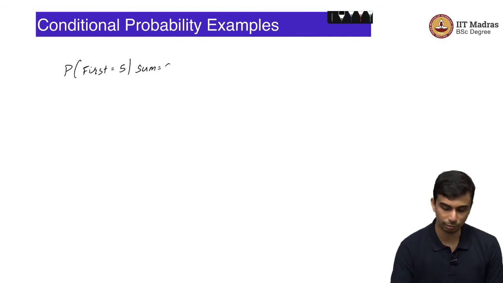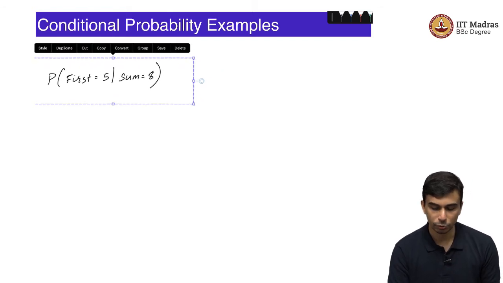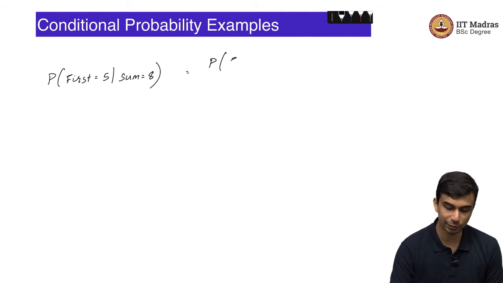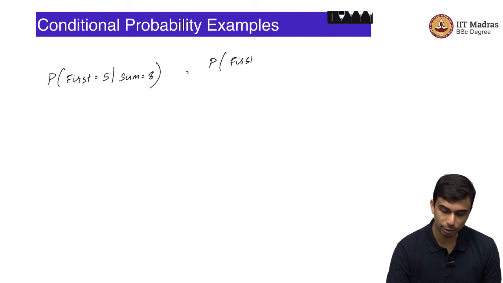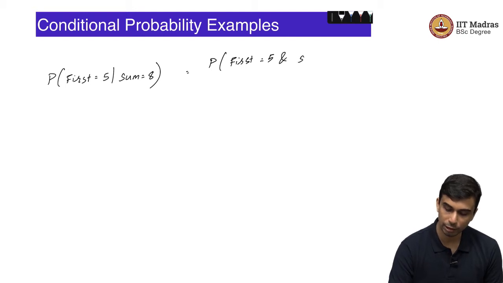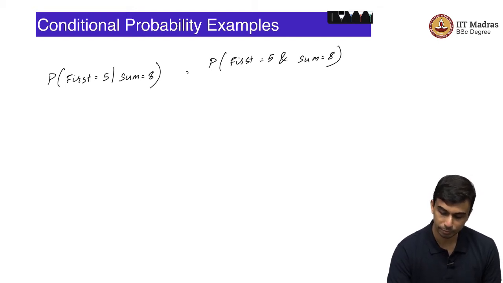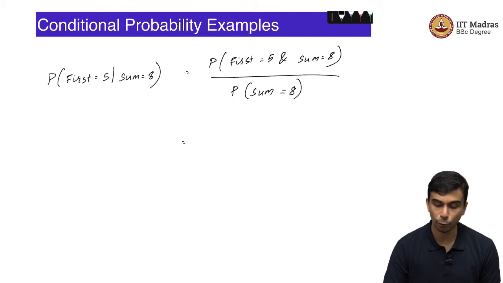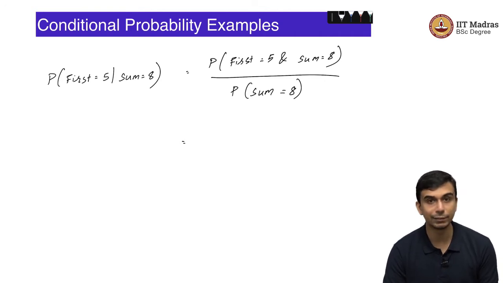Actually, let's make it sum equal to 8. You can use the same definition here: probability of first equal to 5 given sum equal to 8 is equal to the probability of first equal to 5 and sum equal to 8, divided by probability of sum equal to 8. Because we have a counting probability measure, the numerator is given by the number of favorable outcomes divided by 36.